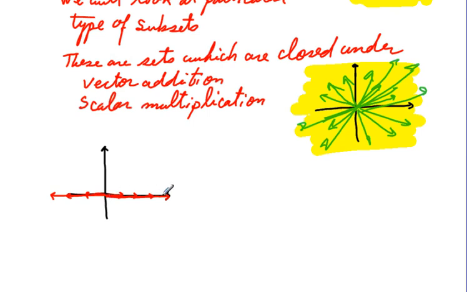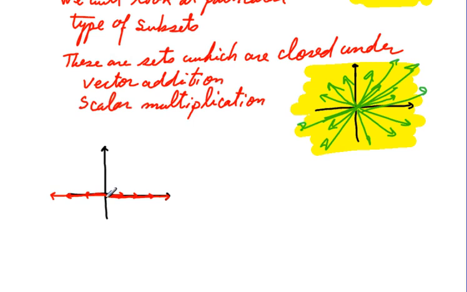If I have 2 of these vectors lying down here and I add them, what do I get? Another one that is still lying down here. Is that right? If I take any of these vectors and multiply by, say, 2, 3, pi, e, minus 5, or anything, would they ever have the chance of leaving the x-axis and going somewhere else? No. You double it, you're still on the x-axis. You triple it, you're still on the x-axis.